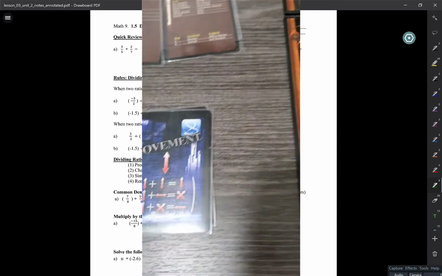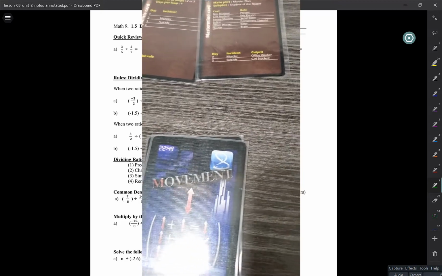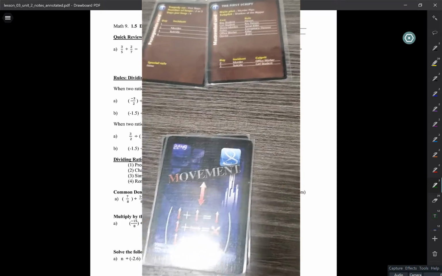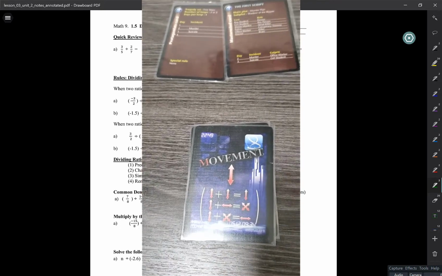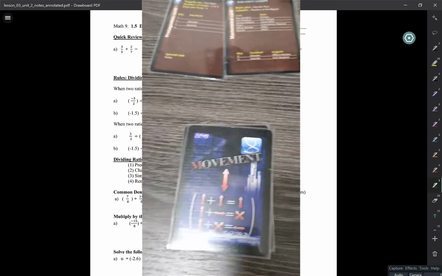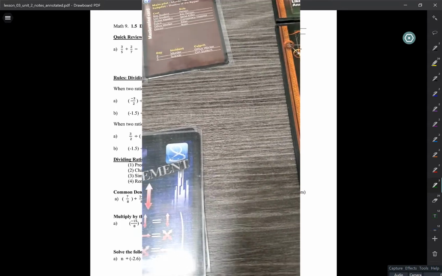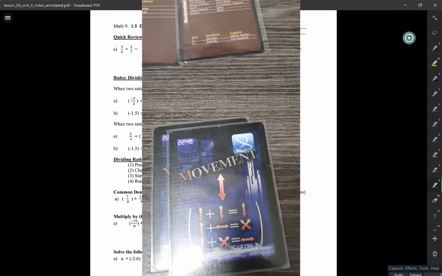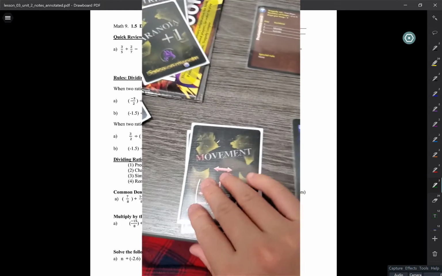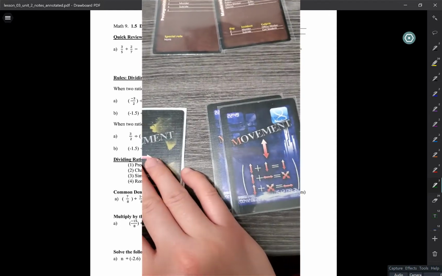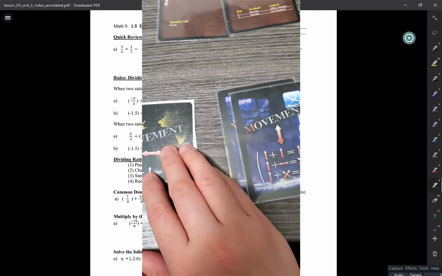What I want to show us is how these cards will be able to resolve. The one that is interesting is the movement. For example, let's have this up here. What could happen is the Mastermind goes first.